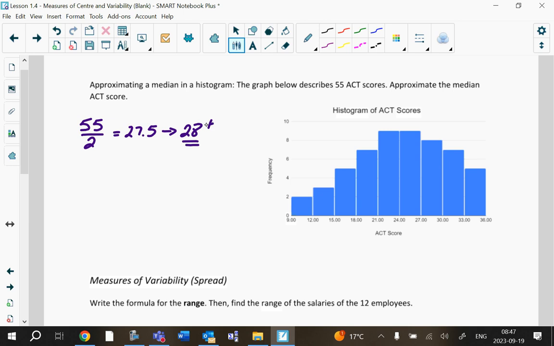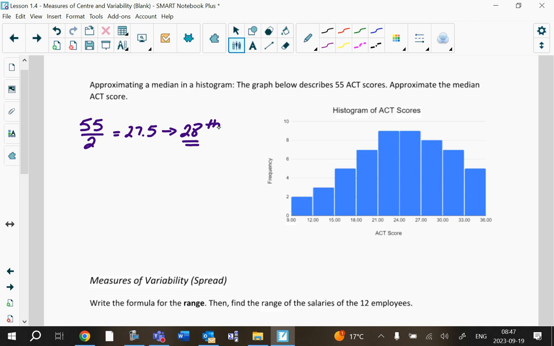And yes, now you can use the frequency. We've got to start from the bottom and find which bar contains the 28th data value. Well, here there's 2, 3 more is 5, 5 more is 10, 7 more is 17, 9 more is 26. So 26 of the values are in these first five bars.